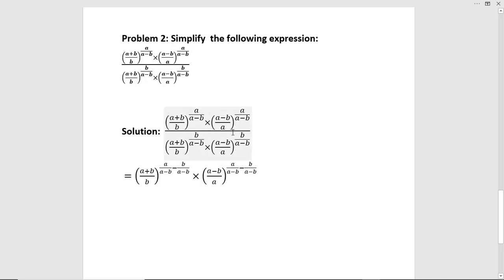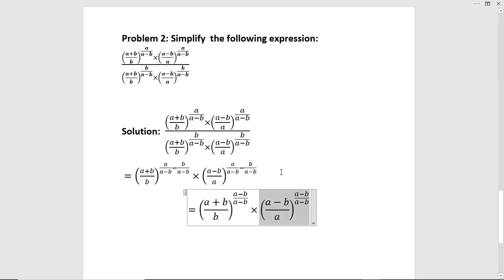Look, this is the given expression, and here we have taken a plus b by b as common base, and we have subtracted the powers a by a minus b and b by a minus b. So this comes out here, and also a minus b by a, these two bases are same, so we have subtracted the powers here.